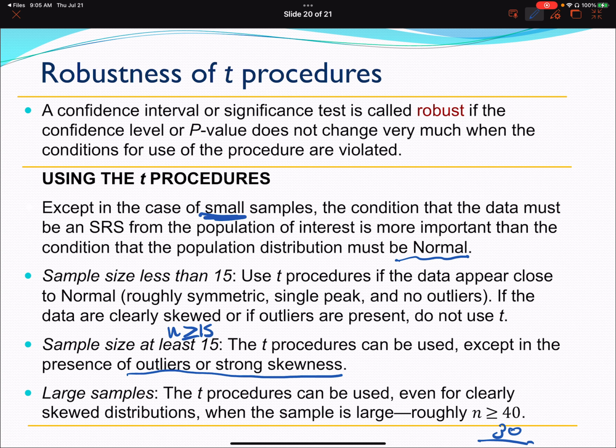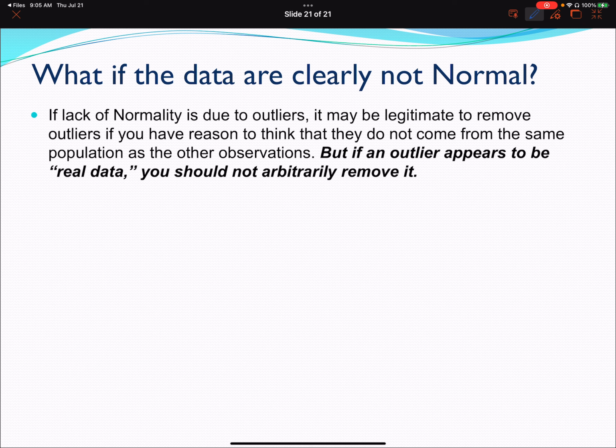Now, what do we do if our data is clearly not normal? If the lack of normality is due to outliers, it may be legitimate to remove them if they're really skewing your data. But if an outlier appears to be real data, you shouldn't arbitrarily remove it. When you write up your data, if you do remove an outlier, you should definitely make note of it.